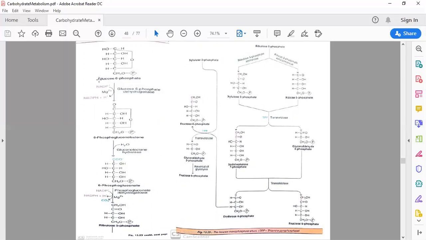In the first step, glucose 6-phosphate to 6-phosphogluconolactone, it generates NADPH. Then in 6-phosphogluconate to ribulose 5-phosphate, it generates NADPH. So these are the important steps.